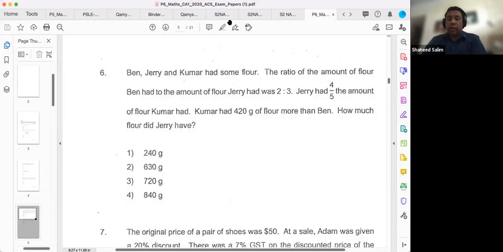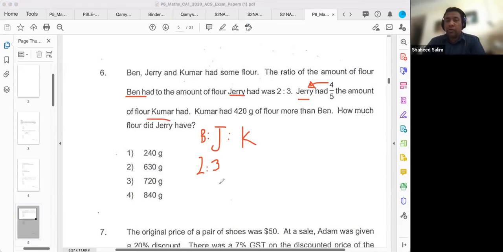All right, so now I'm going to write like this. Ben is to Jerry is to Kumar. So Ben to Jerry, 2 to 3. Now the next one, Jerry had 4 fifths. So Jerry got 4 parts and Kumar got 5 parts.